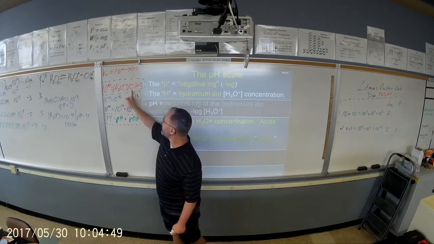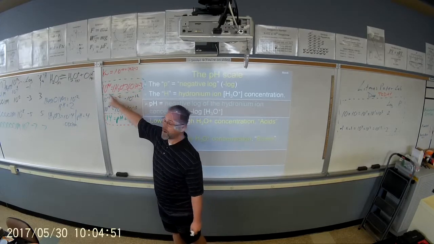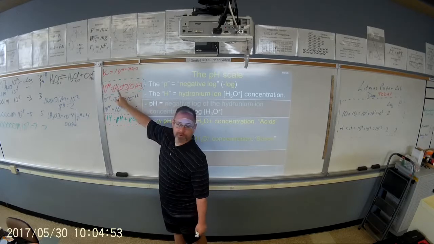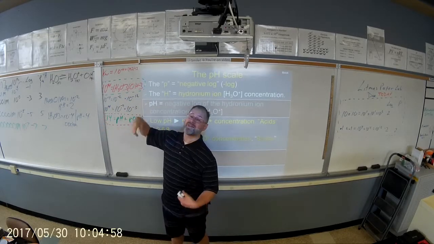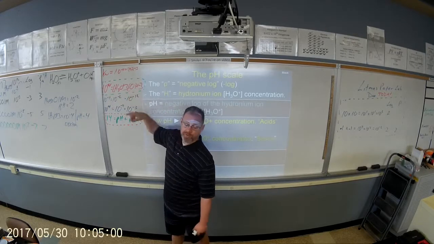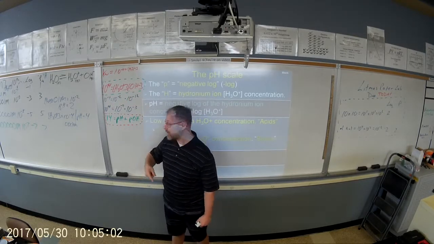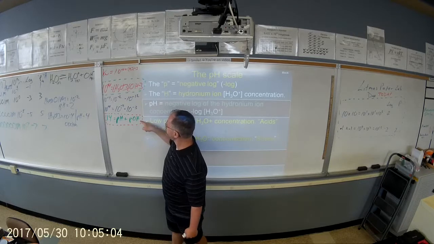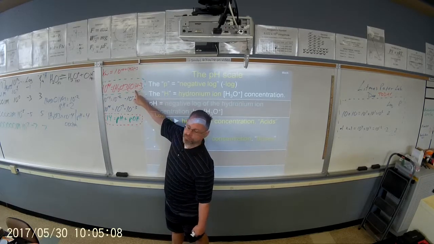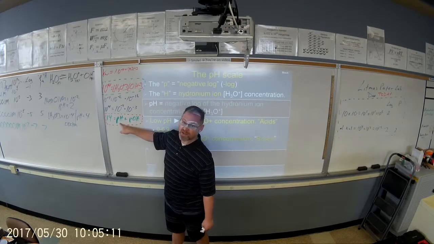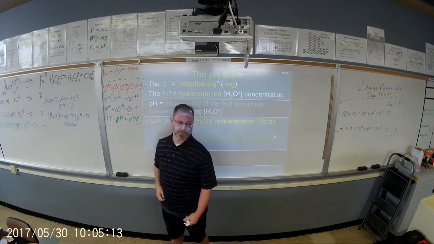If you have the hydroxide concentration, divide 10 to the negative 14 by it, and you have the hydronium concentration. If you have the hydronium concentration, divide 10 to the negative 14 by it, and you have the hydroxide concentration. And if you have the pOH, take 10 to the negative that, and it becomes the OH concentration. If you have the pH, 10 to the negative that becomes the hydronium concentration.